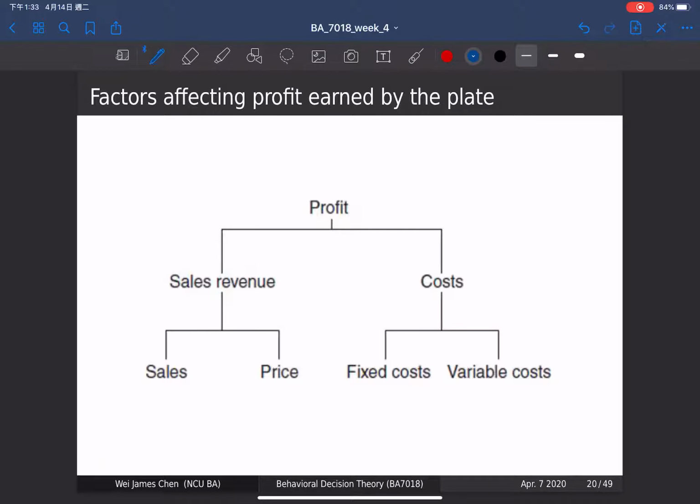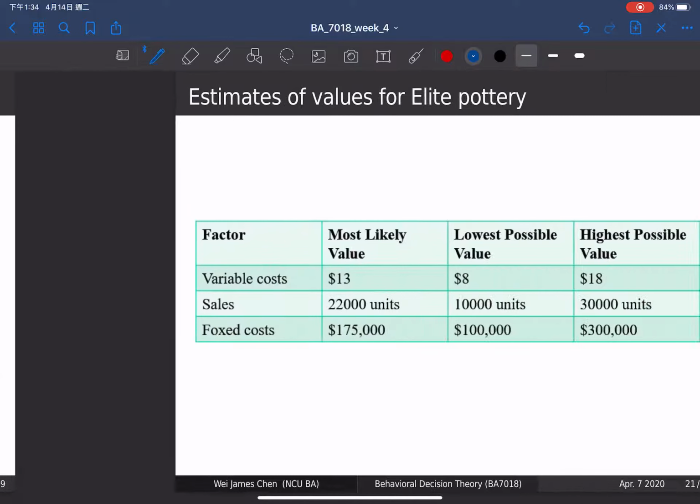Suppose the factors affecting profit earned by this company can be shown like this. You have sales revenue and cost. Sales revenue is decided by sales and price, and cost is decided by fixed cost and variable cost. This is already a very simple model, but it captures the general idea.